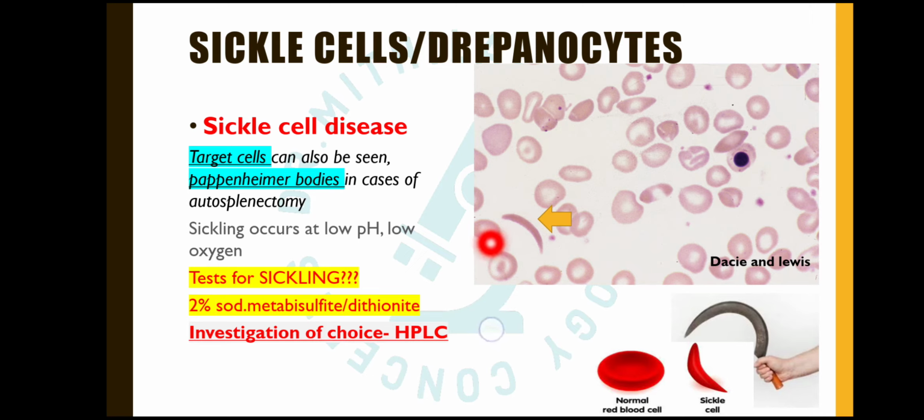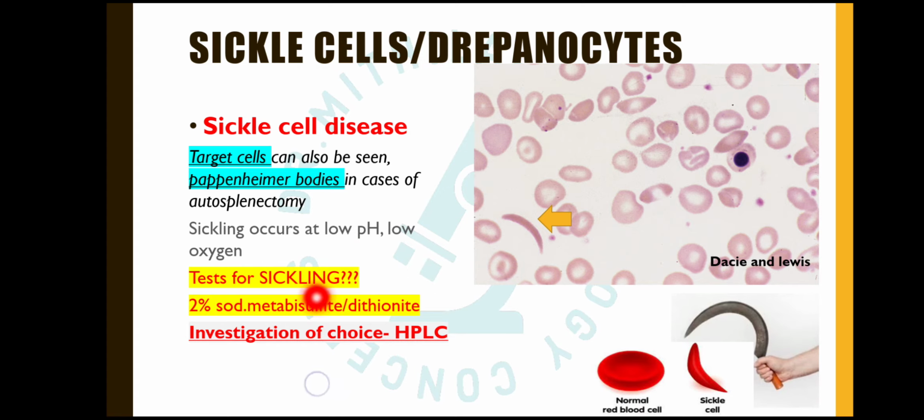HbS, when there is hypoxia, polymerizes and forms the sickle shape of the RBCs. Now in sickle cell disease, we can also see the target cells and we can see the Pappenheimer bodies. Sickling, the polymerization of the HbS molecules, generally occurs at low pH and at low oxygen.